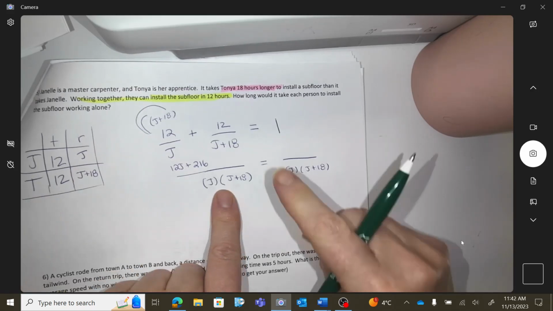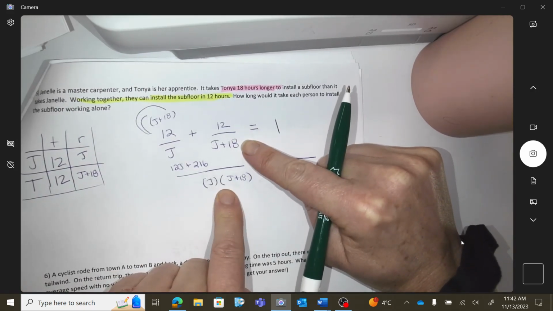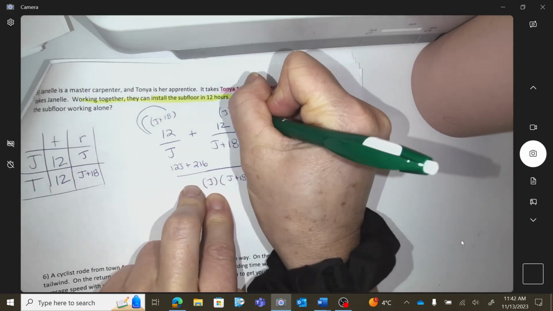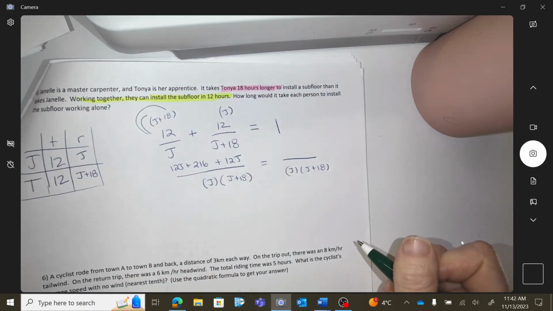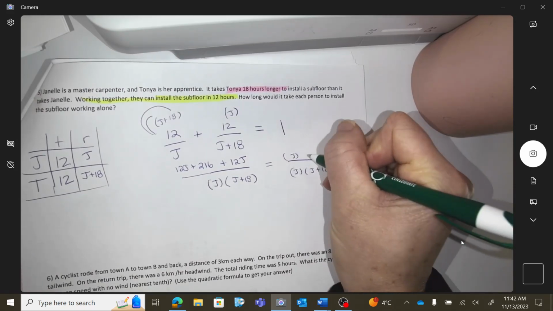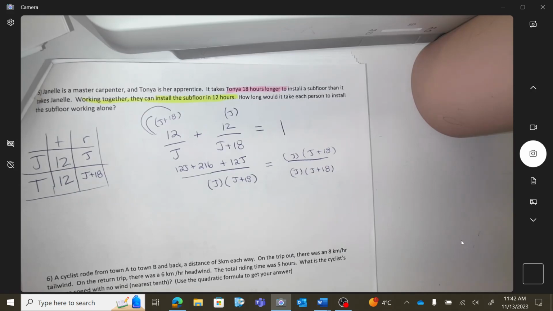Okay, I'm moving to fraction 2. The bottom, the new bottom, what happened? A J happened. So 12J. And how do I ever write 1? Same top bottom, right? Whatever the bottom is, same top bottom.